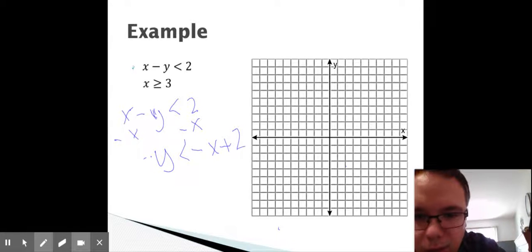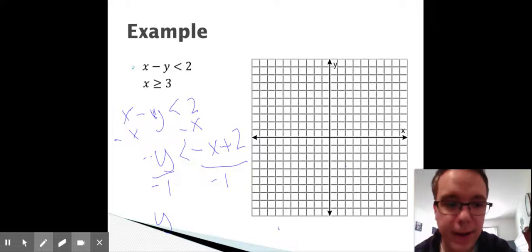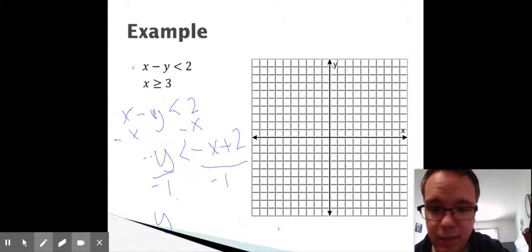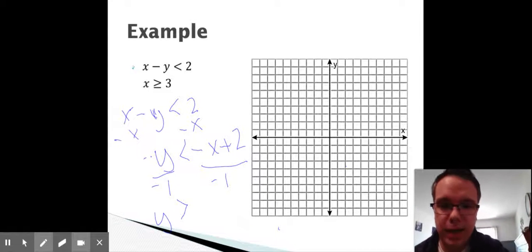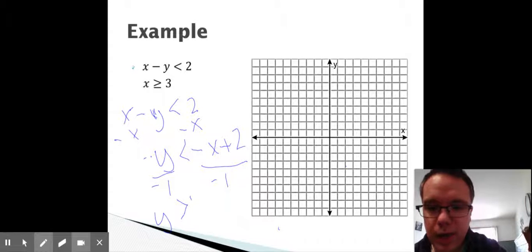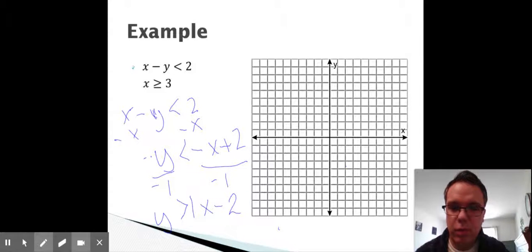And then I'm going to divide by negative 1. And I'll get y. And remember, if you divide both sides of an inequality by a negative number, you have to flip the symbol. And then negative 1 divided by negative 1 is a 1x. And a 2 divided by negative 1 is a negative 2. So I have y is greater than 1x minus 2.